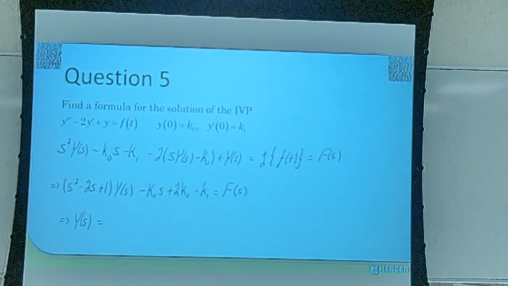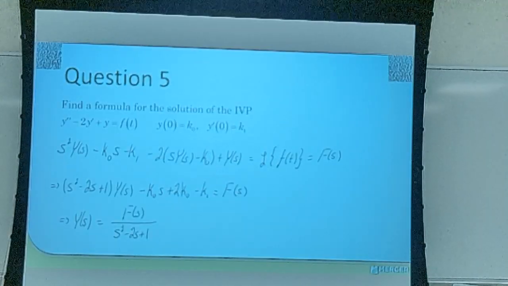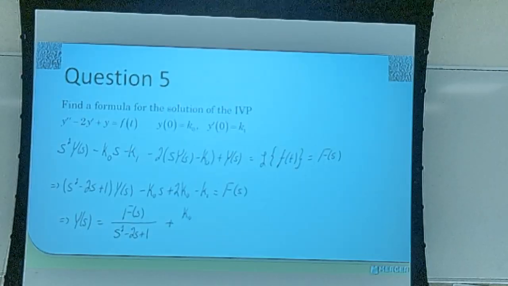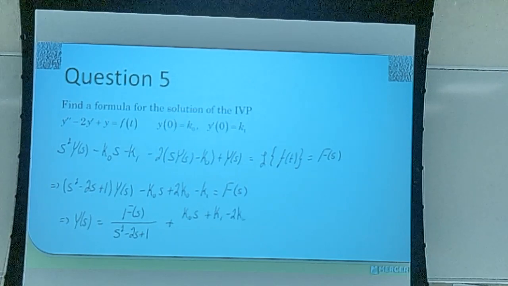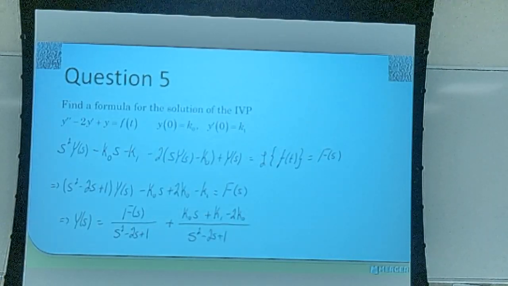So big Y would be big F of S over S squared minus 2S plus 1, then plus K naught S plus K1 minus 2K naught all over the same thing, S squared minus 2S plus 1.